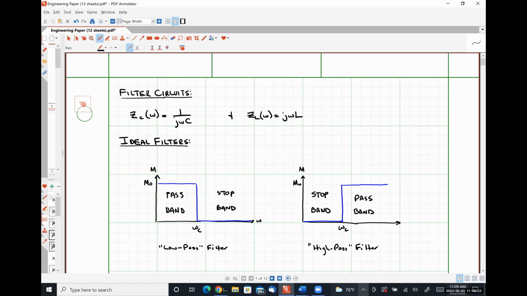They can also be realized by higher order filter circuits as well. You can add multiple energy storage elements and still get the same response, just depending on where you're measuring things at. Okay.